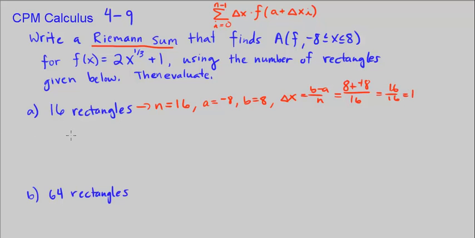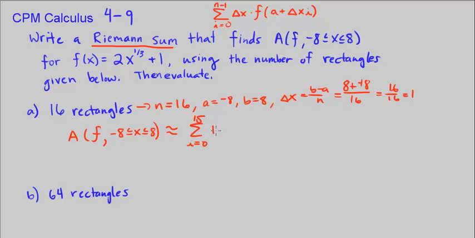So the area between our curve and the x-axis from -8 to +8 is approximately, using 16 rectangles, the sum starting at i is 0 and, since n is 16, going to 15.